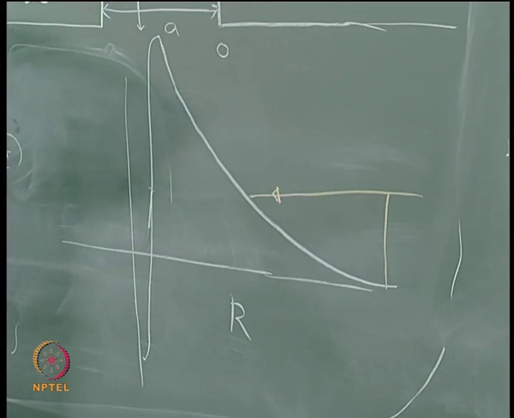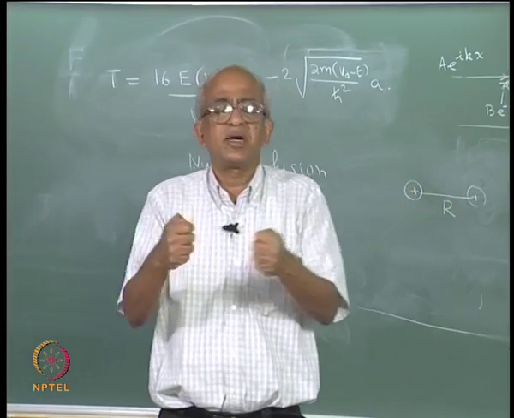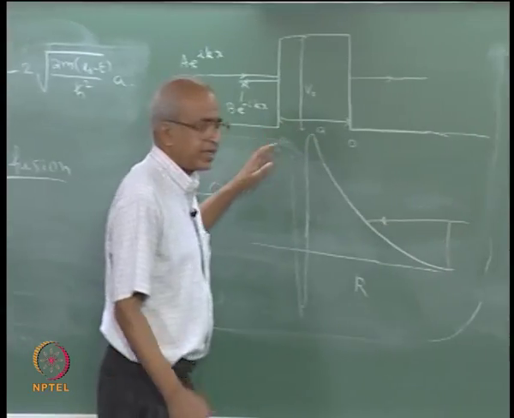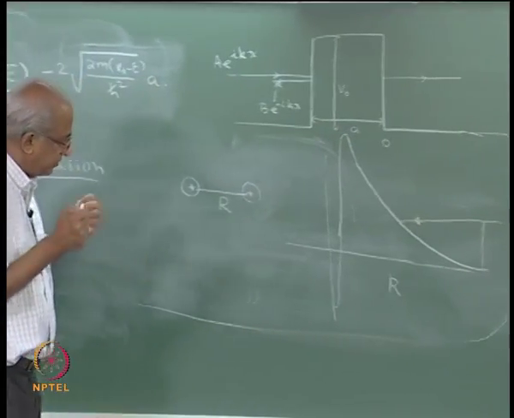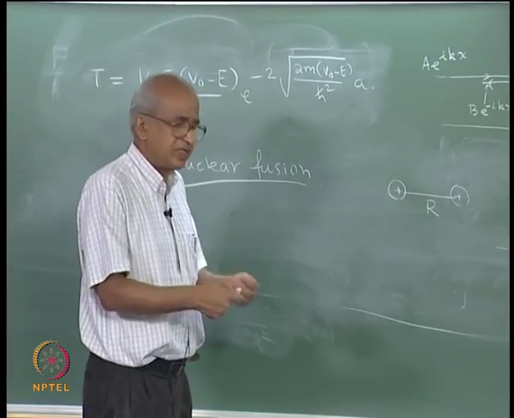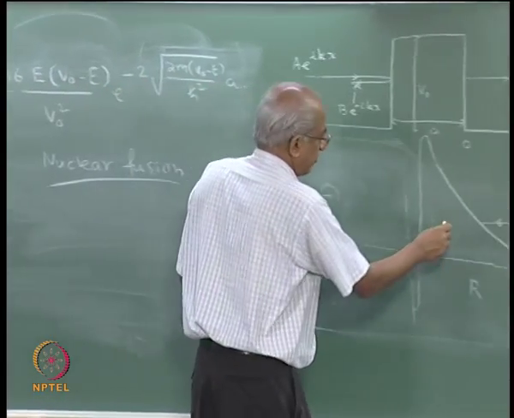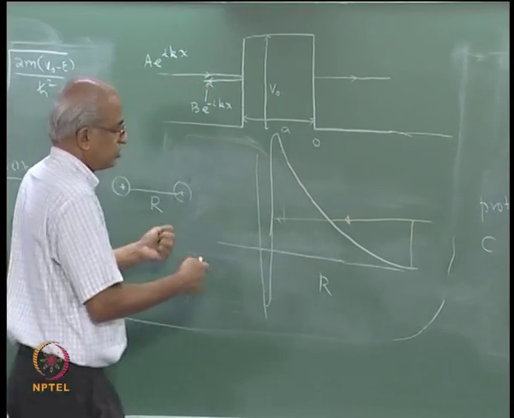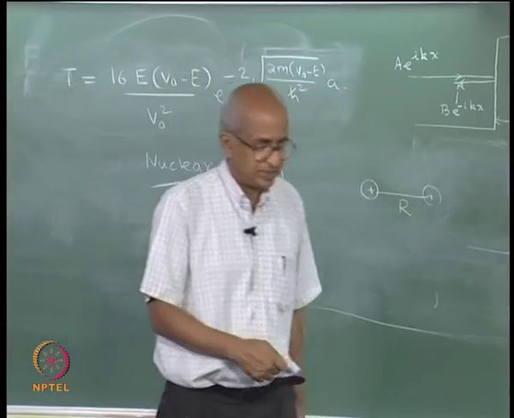In fact, in the sun, the average kinetic energy with which the two nuclei come together is not enough for the system to go over the barrier and fuse together. Therefore, in the sun when a nuclear fusion reaction takes place, it is always through tunneling. So, what happens is that the system tunnels through here, and then the two fuse together.